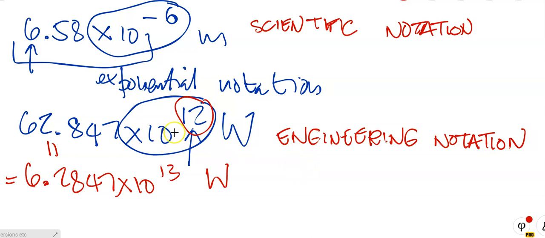But that number there, because it's in -6, happens to be in scientific as well as engineering notation. So that's the explanation of scientific and engineering notation. I'm going to clean the board and we're going to look at a few examples.